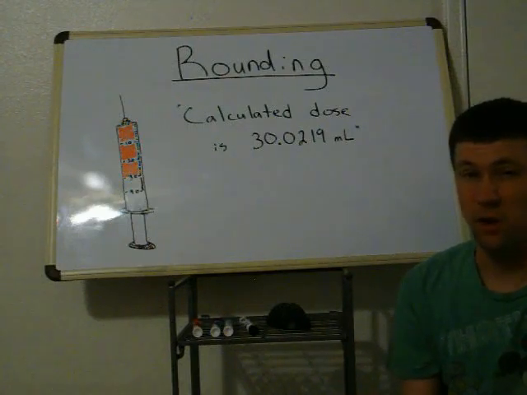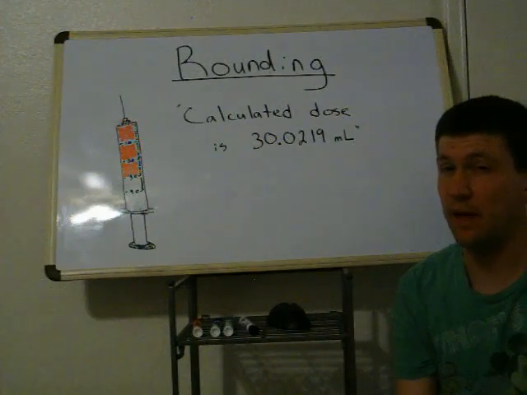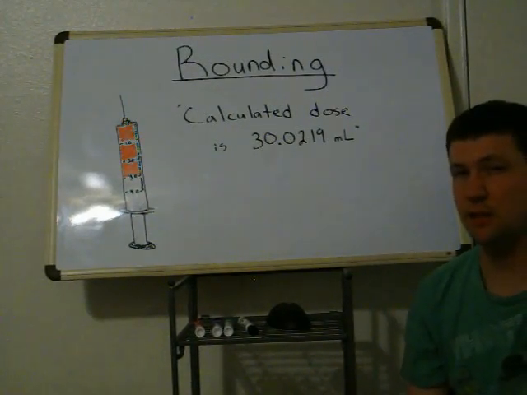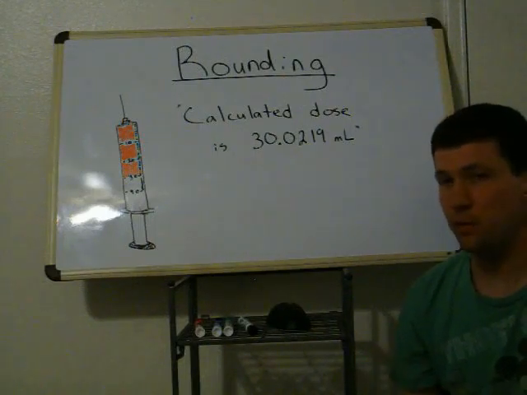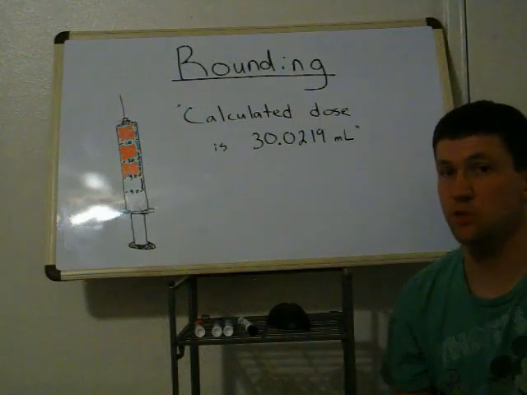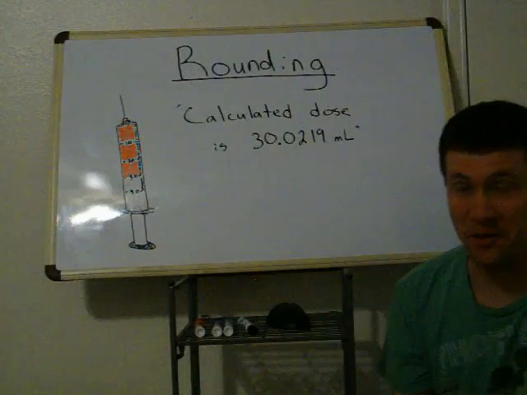Now, in the pharmacy and in the working world, you're probably not going to have a syringe that goes up to this accuracy. You're probably just going to give about 30 milliliters when you actually drop the dose. And that's okay because we have rounding.